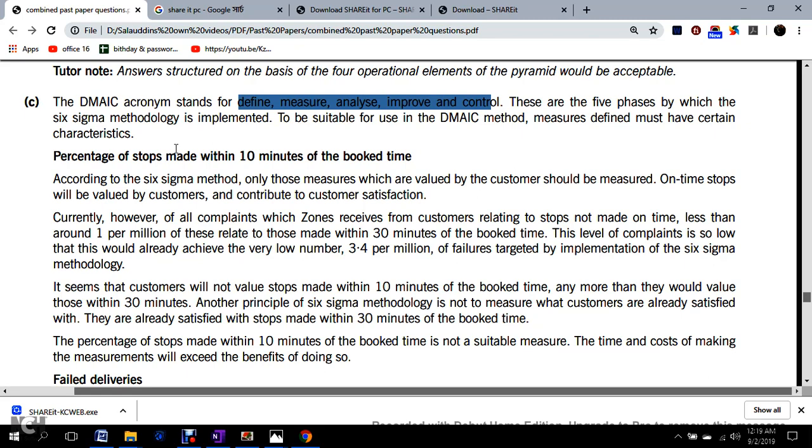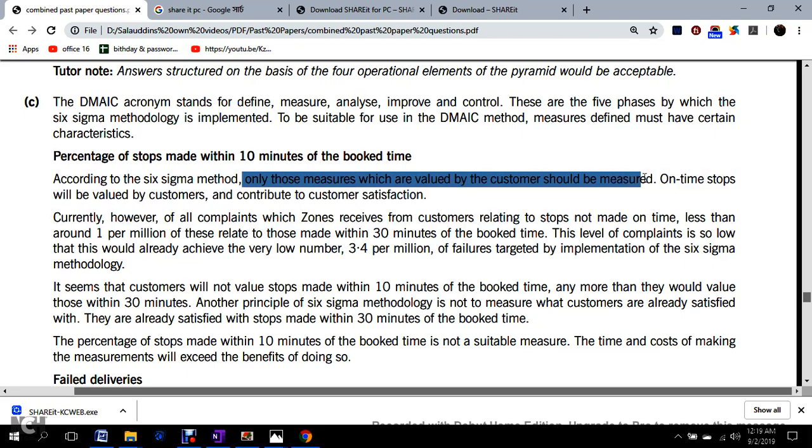According to the Six Sigma method, only those measures which are valued by customers should be measured, because define means defining the customer need. On time stops will be valued by customers and contribute to customer satisfaction. This is good.